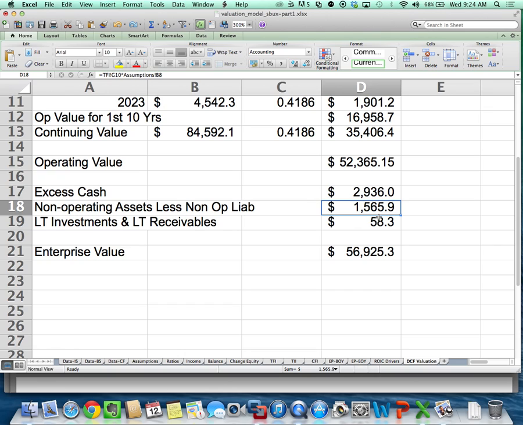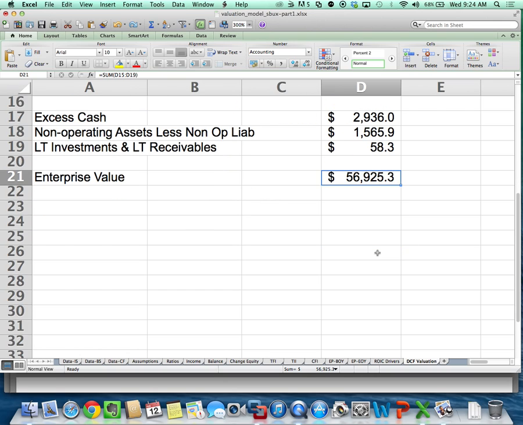Questions about what I just did? All right, so enterprise value equals debt and equity. So enterprise value minus debt equals equity. So what I next need to do is take everything that is a debt or debt equivalent and start subtracting.